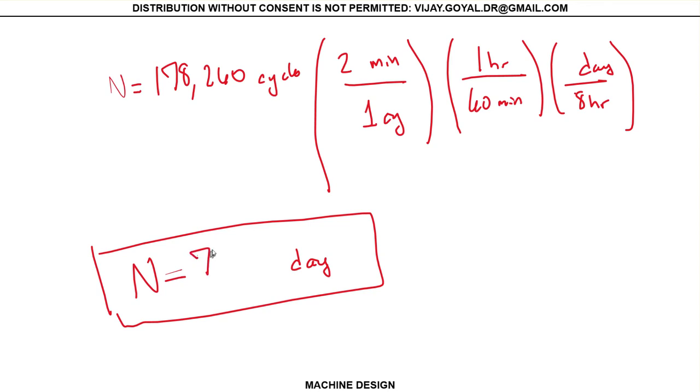So now I'm getting 43 days. So you can see that by changing the material, I basically multiplied by 2.5. So that's how we actually solve this problem.